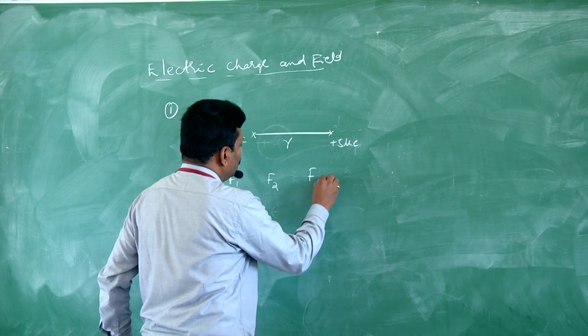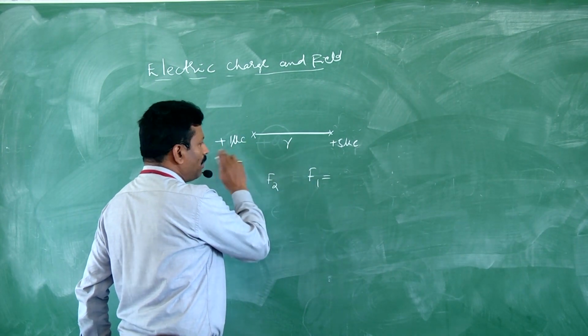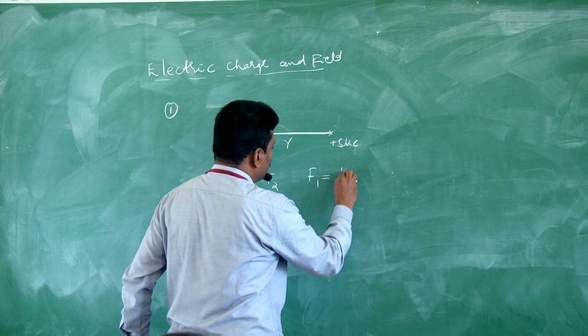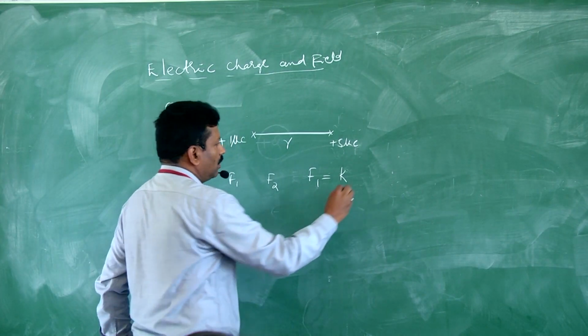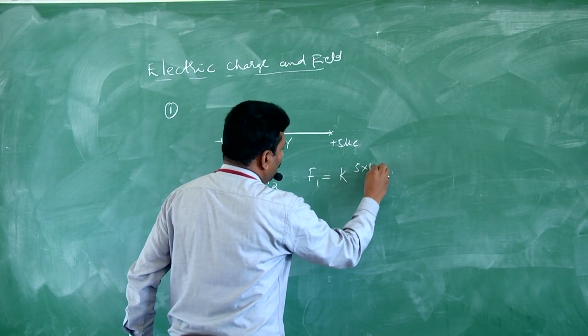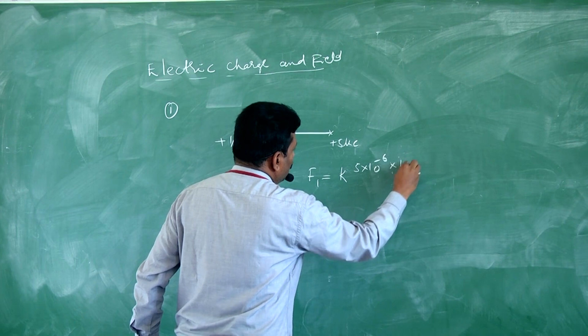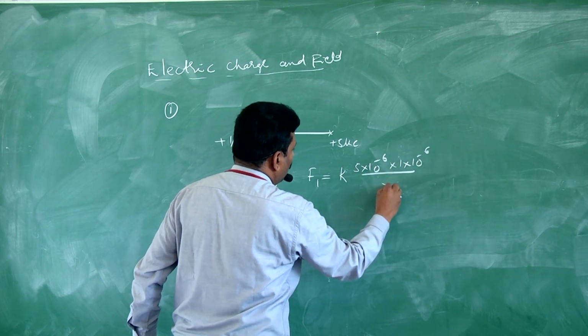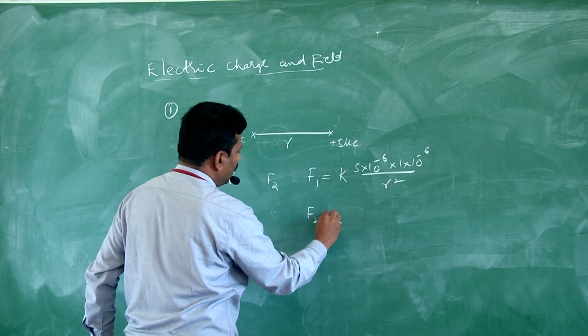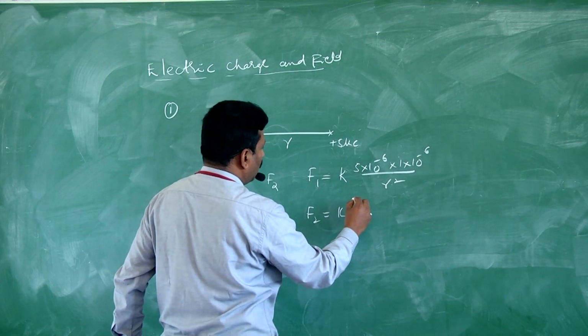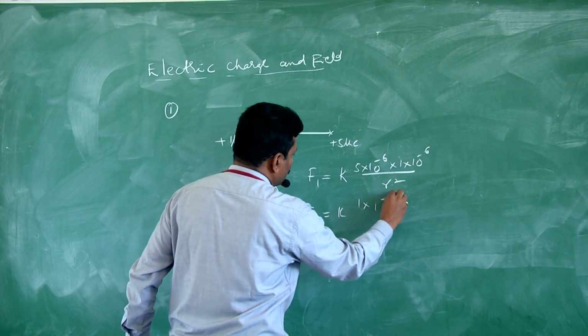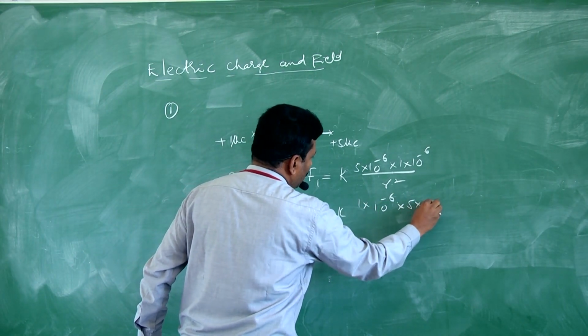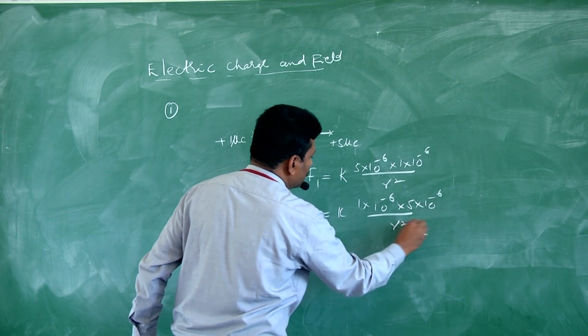Force on 5 microcoulomb due to 1 microcoulomb. It is K times 5 into 10 to the power minus 6 and 1 into 10 to the power minus 6 by R squared. Now F2 is K times 1 into 10 to the power minus 6 coulomb into 5 into 10 to the power minus 6 coulomb divided by distance.